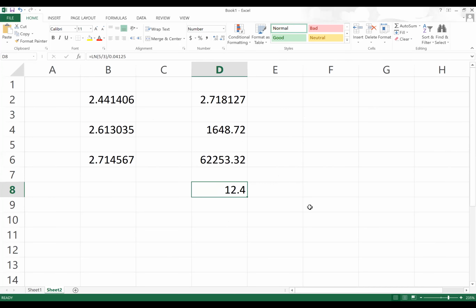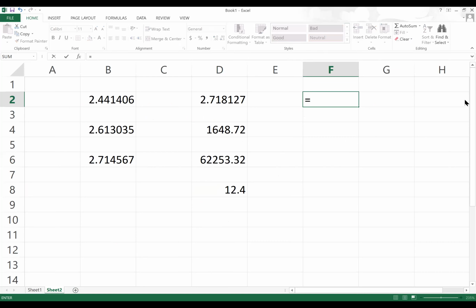So one more time, we multiply this ln of 120 over 75. Okay. And multiply by 12 over 91. Okay. And that should give us the proper answer.